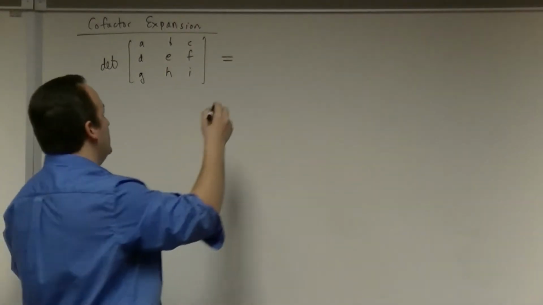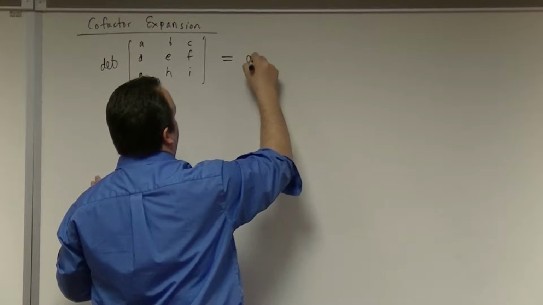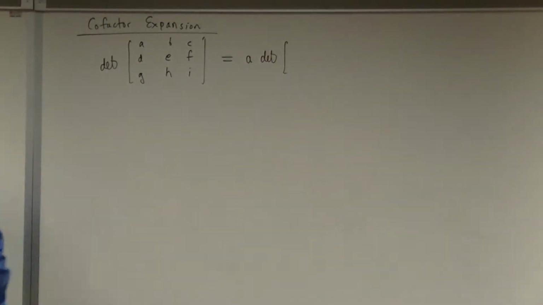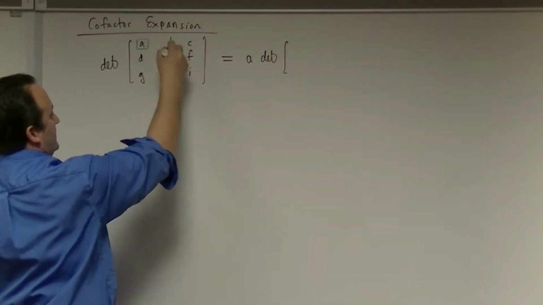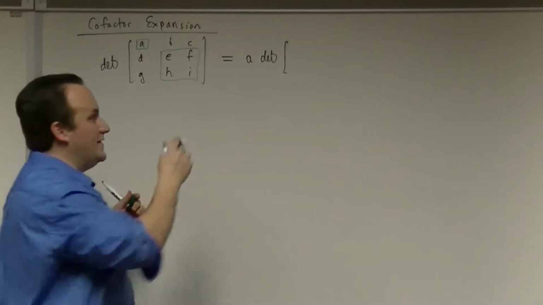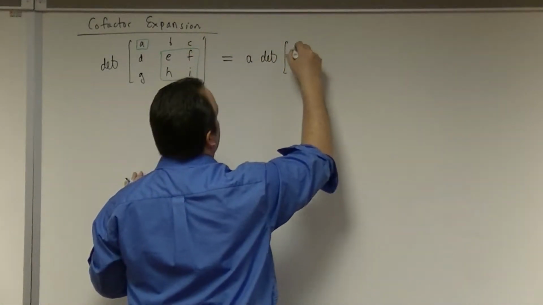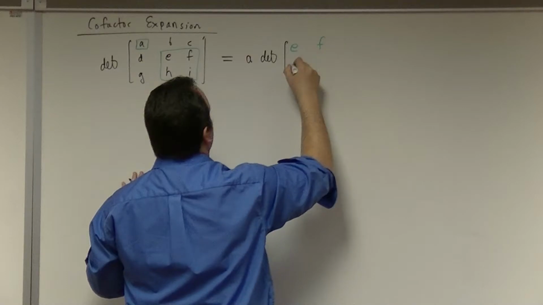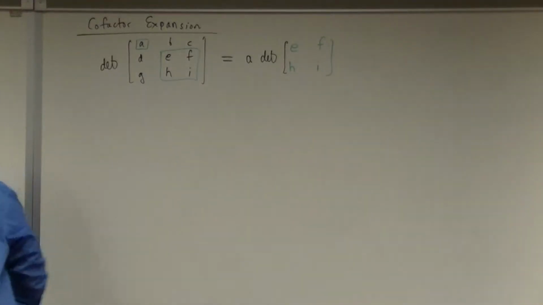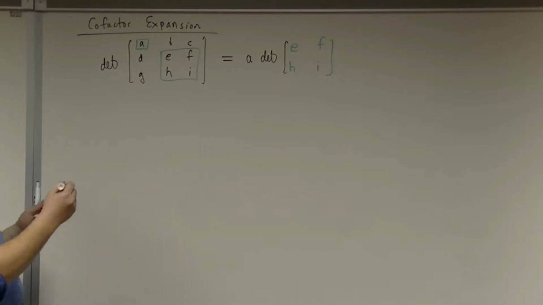I'll do that first. What you do is A times the determinant of everything that's not in that spot. So that's A, right? You multiply that by the determinant of everything that's not in the first row and first column, so E, F, H, I. And the other thing about the cofactor expansion is the alternating aspect to it.